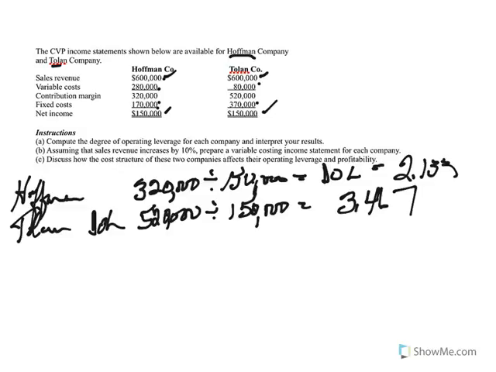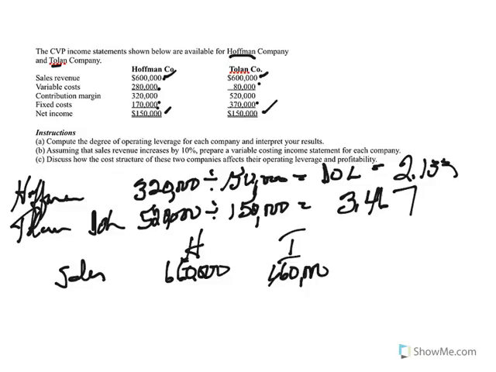In part B, they say, now let's assume that there is a 10% increase in sales. What will happen here? We'll do Hoffman over here and Tolan over here. If the sales increase 10%, then the sales will be $660,000, that is $600,000 times 1.1, and the same sales for Tolan.